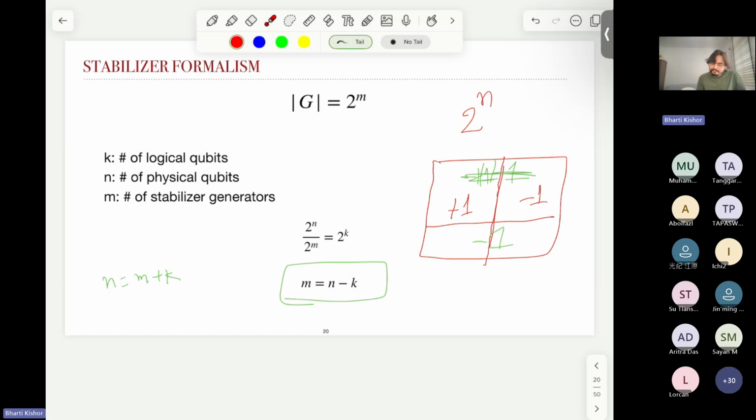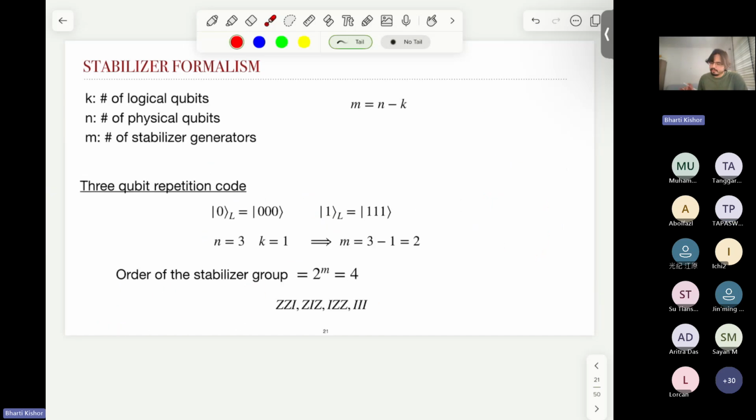If m is very large, then k will suffer. Basically, your number of logical qubits will be k equal to n minus m. We will be using it here.